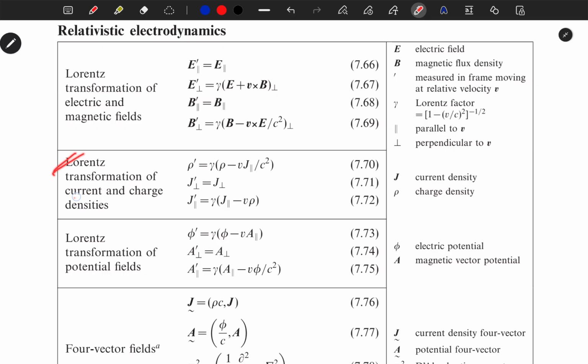Lorentz transformation of current and charge density: rho changes to gamma (rho minus v J by c square), J perpendicular is the same, J parallel becomes gamma (J parallel minus v rho). Lorentz transformation of the potentials: phi transforms to gamma (phi minus v A parallel), A perpendicular is the same, A parallel becomes gamma (A parallel minus v phi by c square).